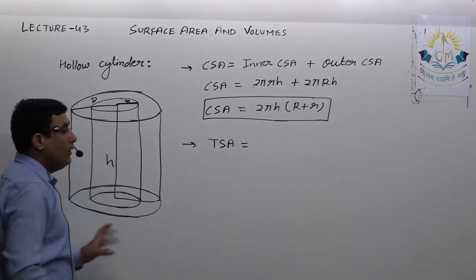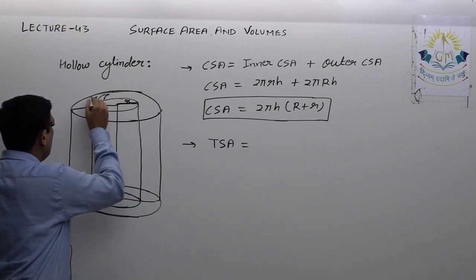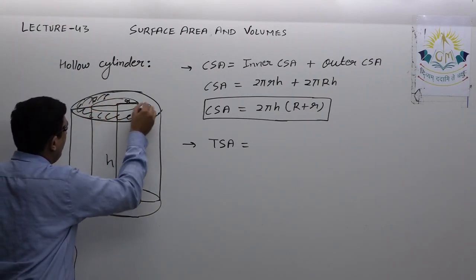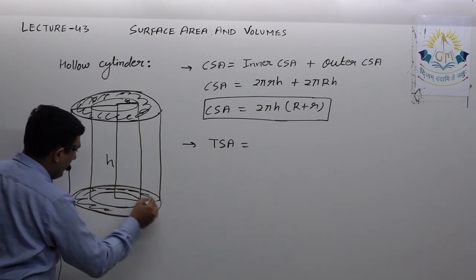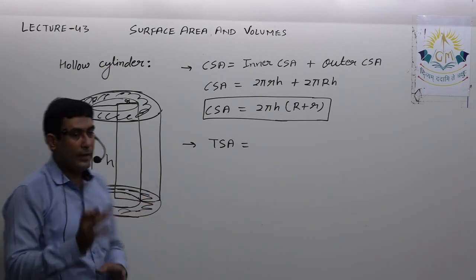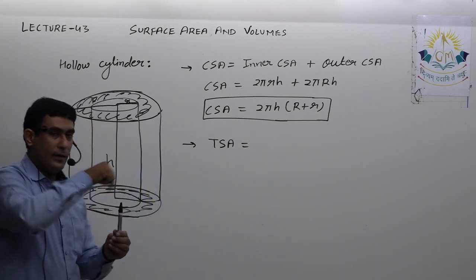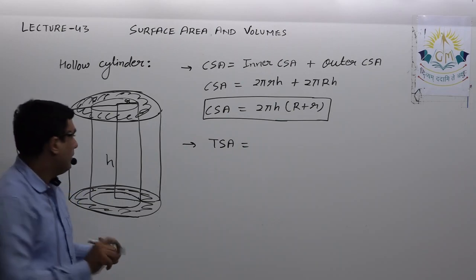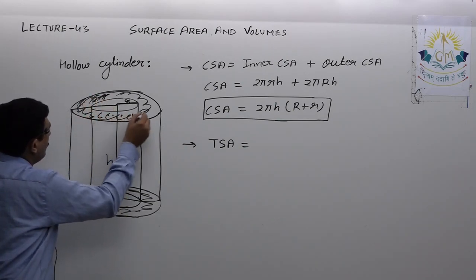Now what remaining surfaces are you able to see? This is the remaining surface. Here we can paint that ring actually, isn't it? If you have any object which looks like a hollow cylinder, you can see there is a ring on which we can paint. So now we have to find the area of this ring. Now how to find the area of this ring?